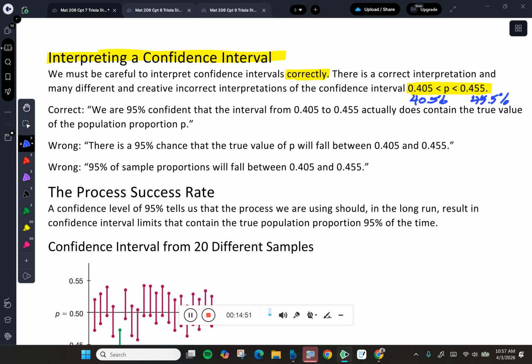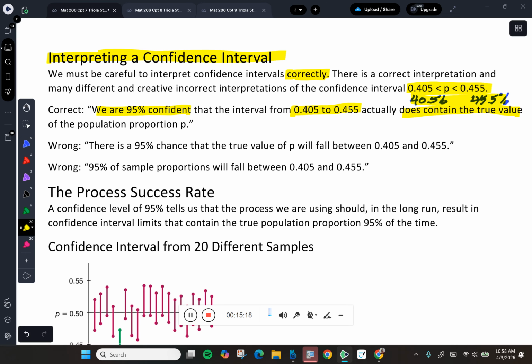Okay? The correct way to interpret that would be that we are 95% confident that our interval actually does contain the true value. So what we are saying is the value's out there, and I believe that I've got a 95% chance that if I put my interval on the number line, I would actually capture P somewhere in that interval.